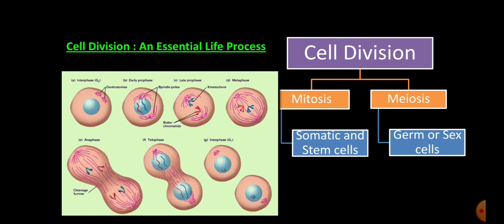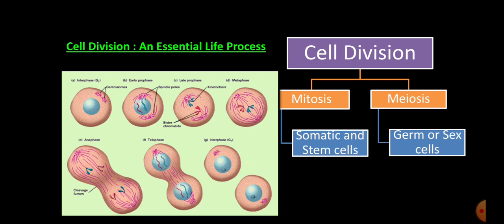So, this is the reason that meiosis takes place only in the germ cells or the sex cells, where the number of chromosomes becomes half. And mitosis takes place in all the somatic cells and the stem cells, where the number of chromosomes remains the same. So, this is the major difference between mitosis and meiosis.